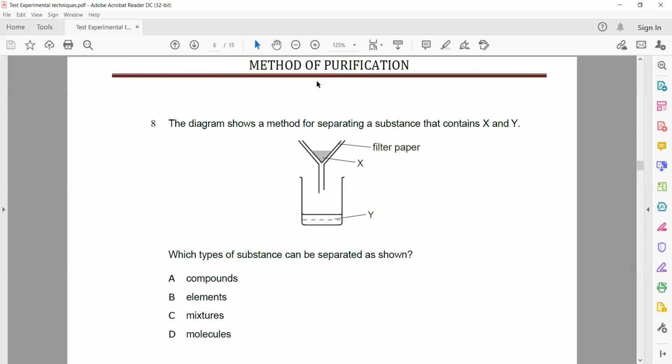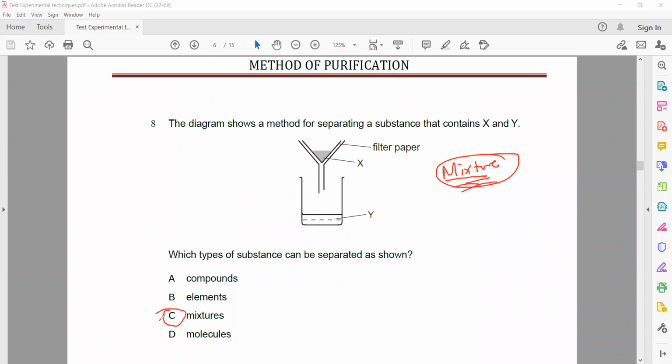The diagram shows a method for separating substances X and Y. Which type of substance is separated? So the methods of separation are used to separate mixtures. All these techniques, chromatography, fractional distillation, simple distillation, crystallization, are used to separate mixtures.